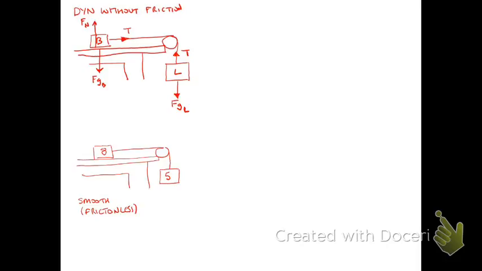There's two possible questions I can ask you. I could ask you what the acceleration of the 5 kilogram mass is, or the acceleration of the 8 kilogram mass, or what the acceleration of the system is.